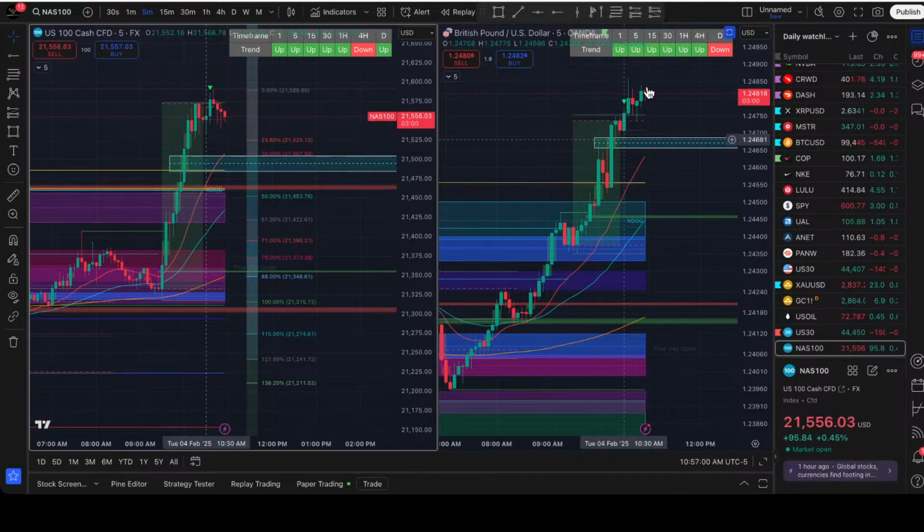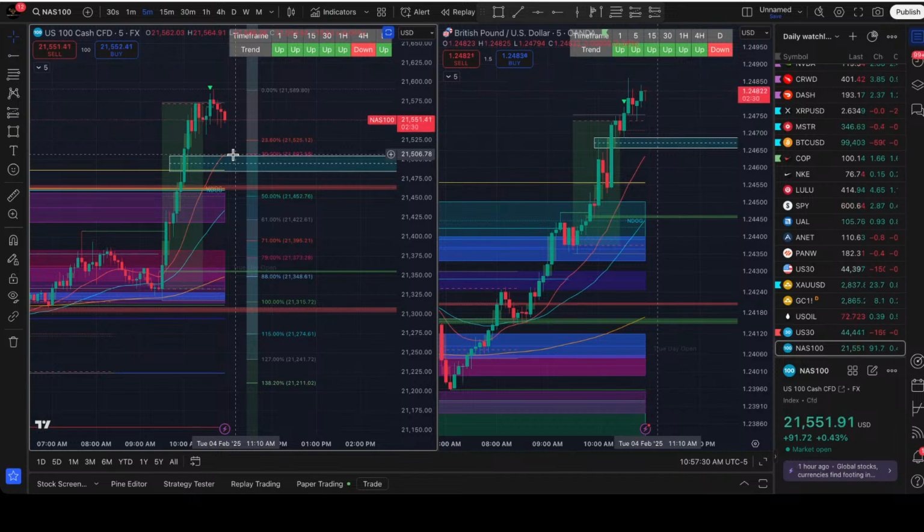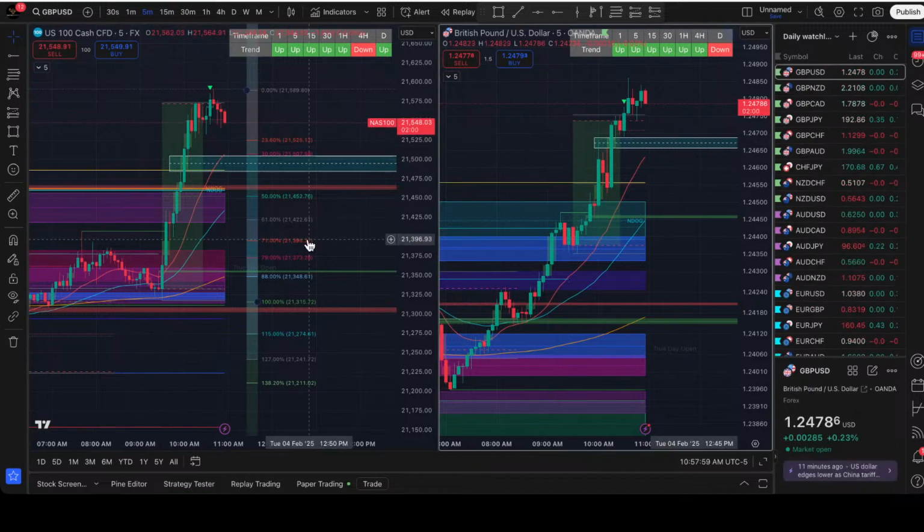GBP USD, still just gesticulating here. Still just moving slowly.